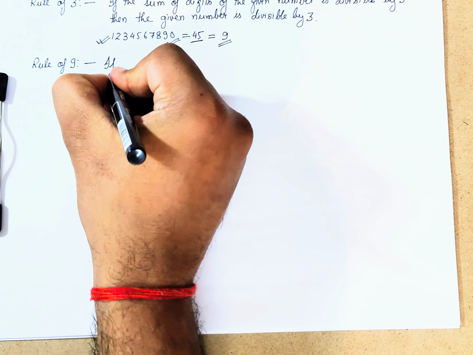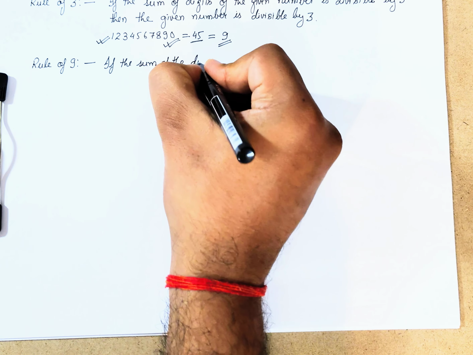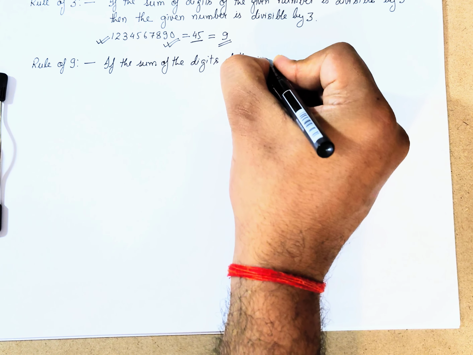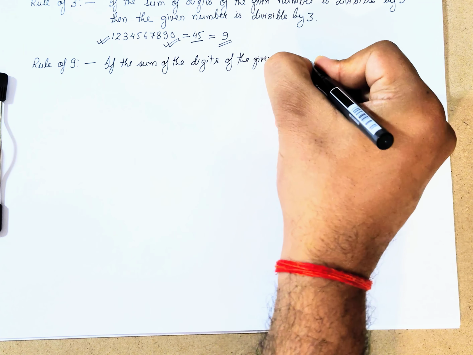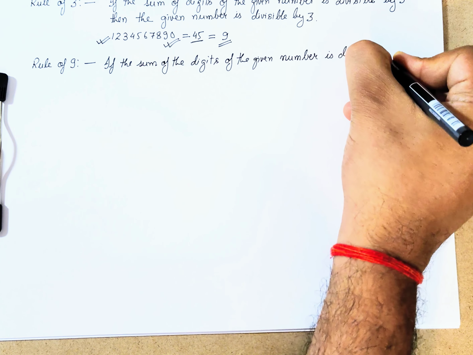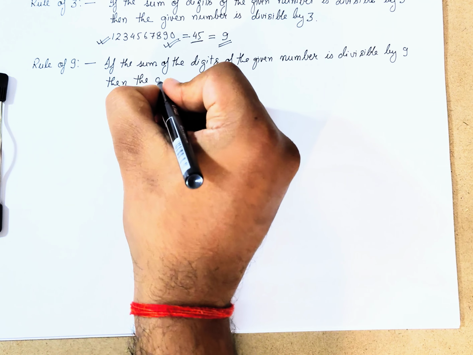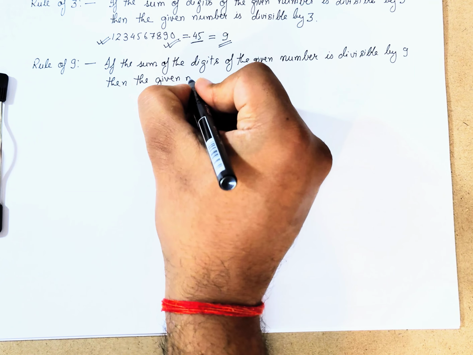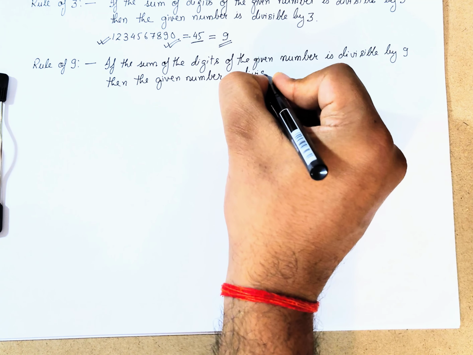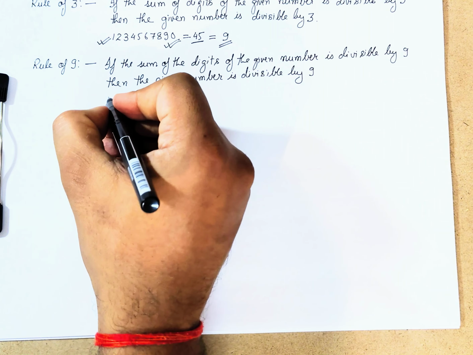In this case, if the sum of the digits of the given number is divisible by 9, then the given number is divisible by 9. Let's take the same example once again.